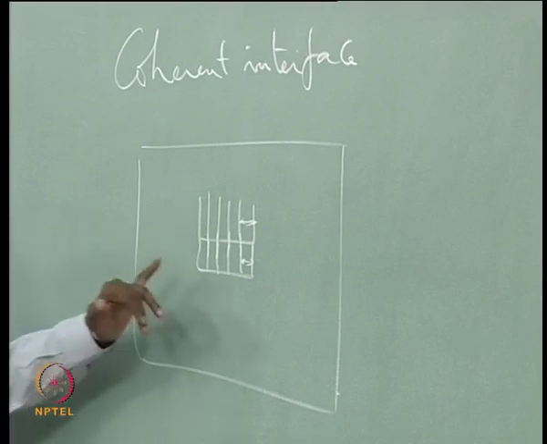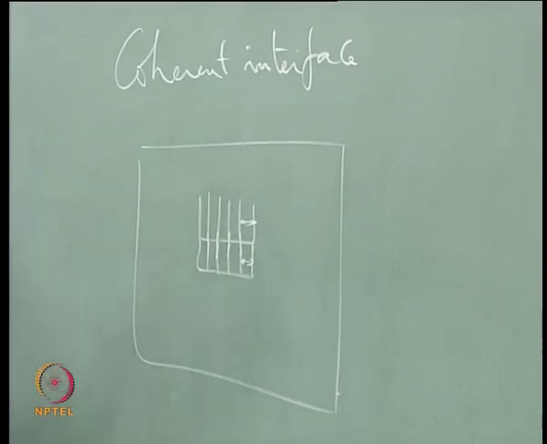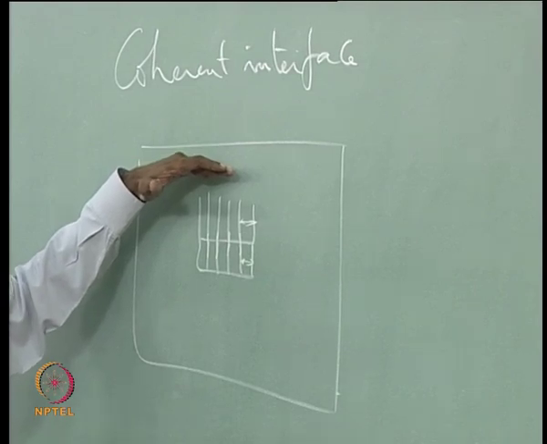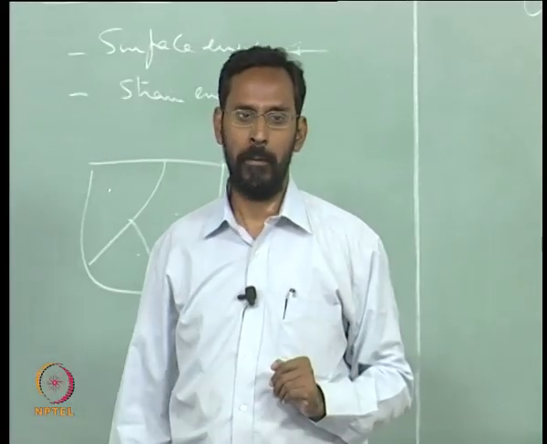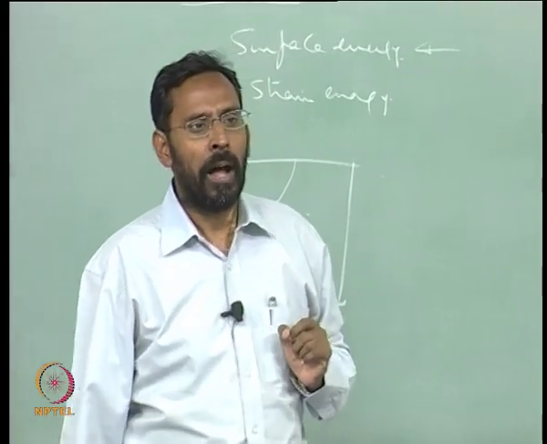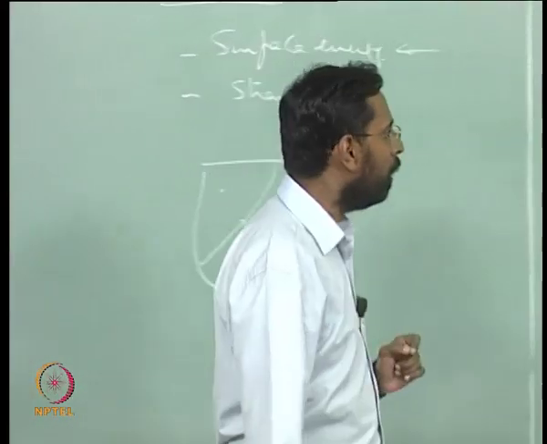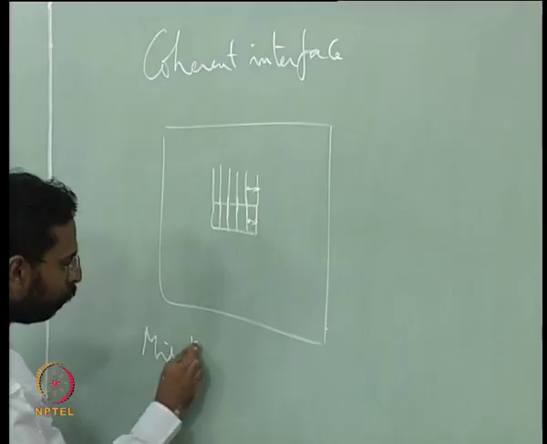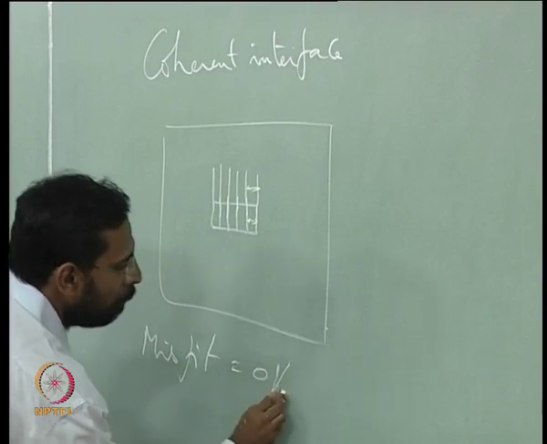Whenever there is a continuity of an atomic plane, any plane, it can be a 1 1 1 plane, a 1 1 0 plane, some plane, if it can have a continuity from the precipitate to the matrix, then we call it a coherent interface. And for this to exactly have matching, the misfit should actually be 0%.